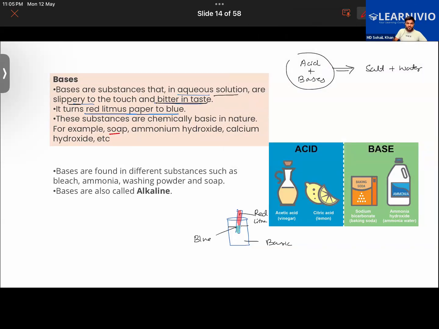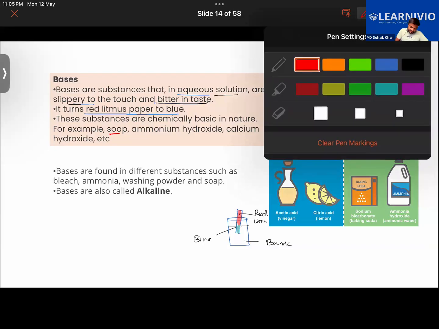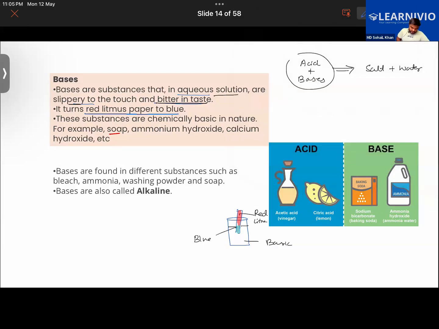Some of the examples are like soap. Soap contains base in it. Let me write down some of the examples. Some examples are as follows. Sodium hydroxide is an example.